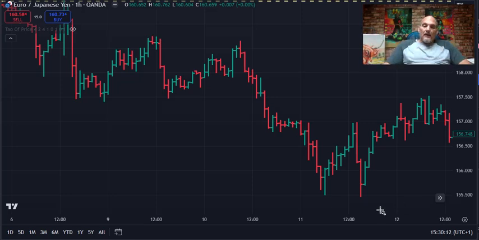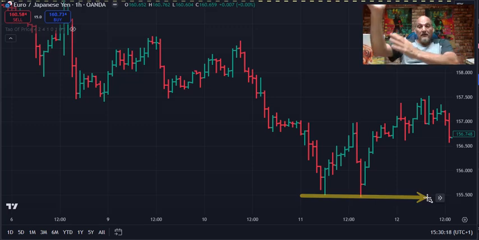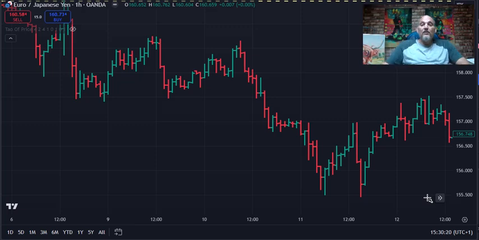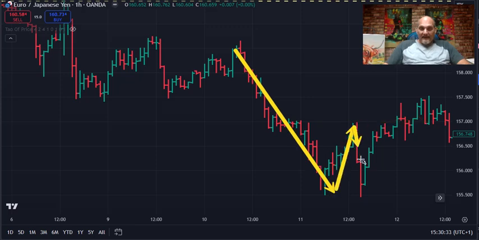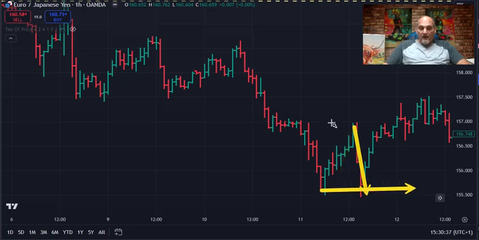But this level right here is basically an ABC correction, or a correctional pattern. Why? Because if we look at this top right here, the market came down, came back up, came back down, couldn't break this level, but once it breaks this top, it's saying upward at that time.